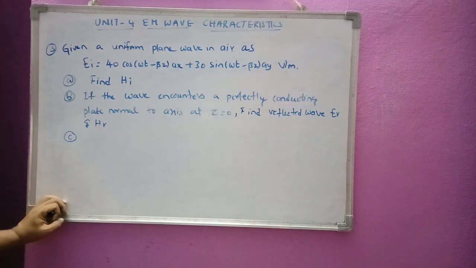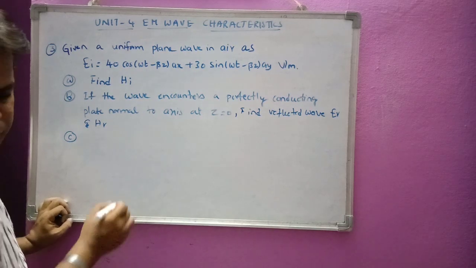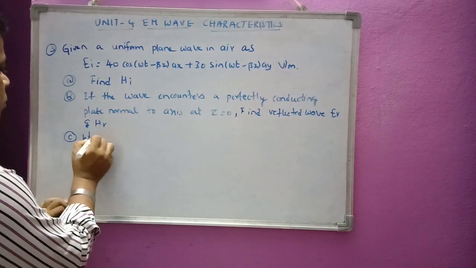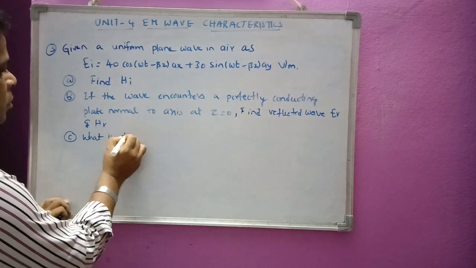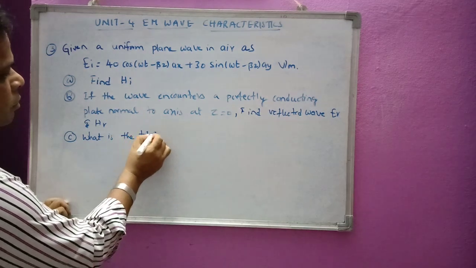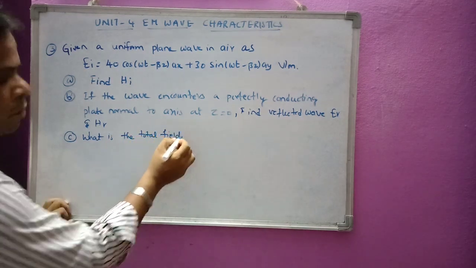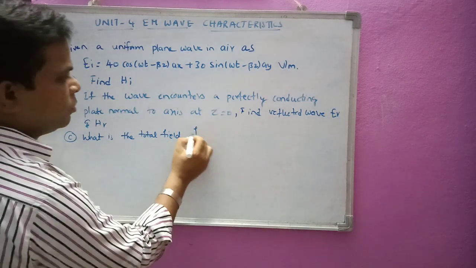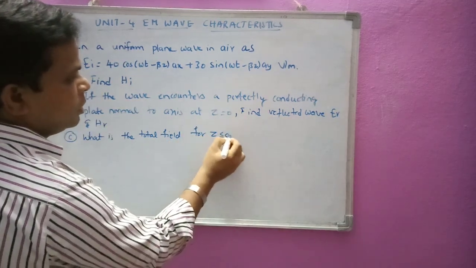So in the C question, we have been given: what is the total field for z less than or equal to 0.